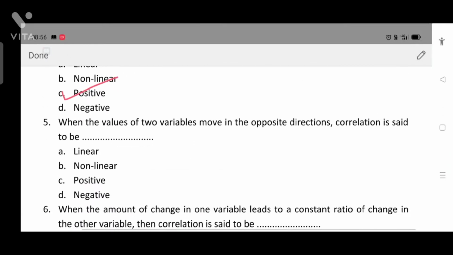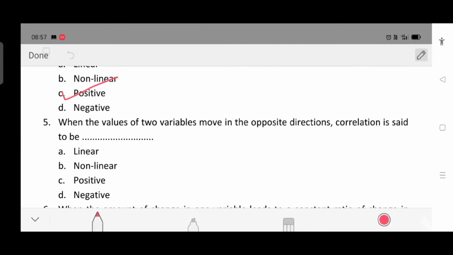Fifth, when the values of two variables move in the opposite direction, correlation is said to be A, B, C, D. Answer is D. Negative.